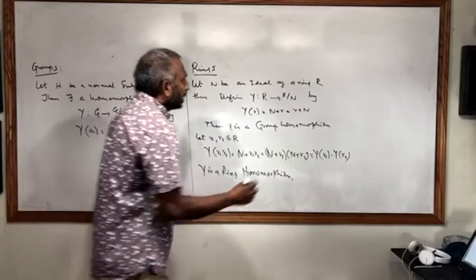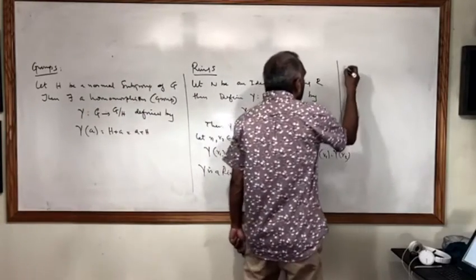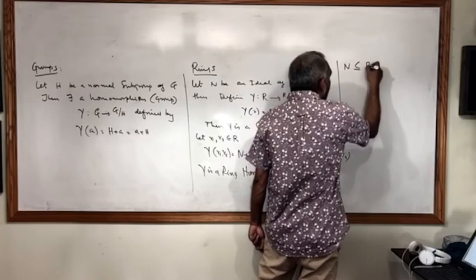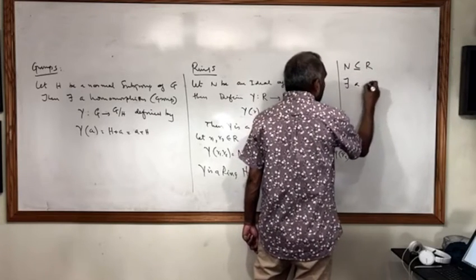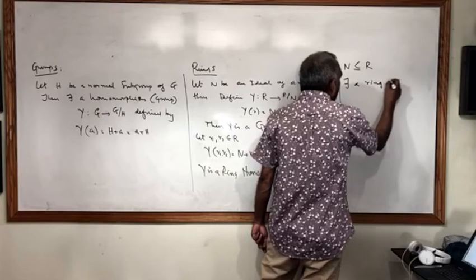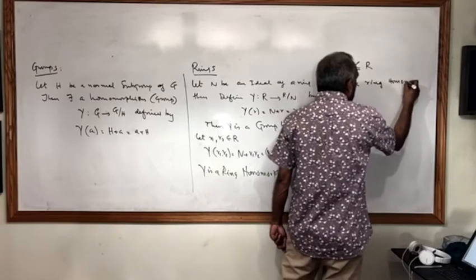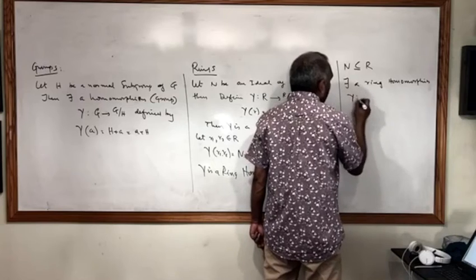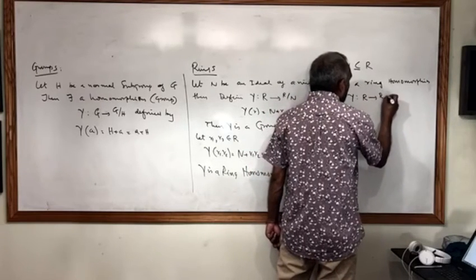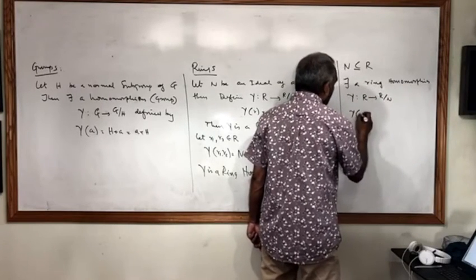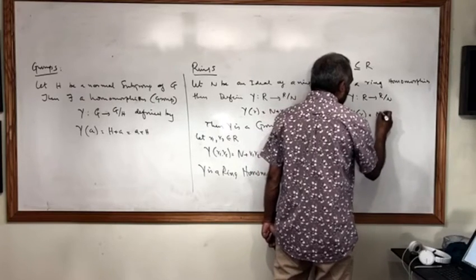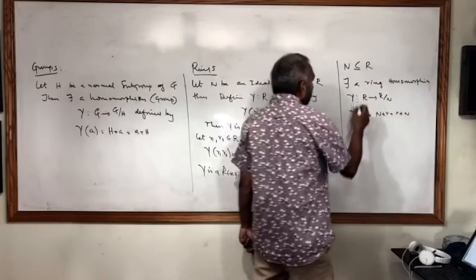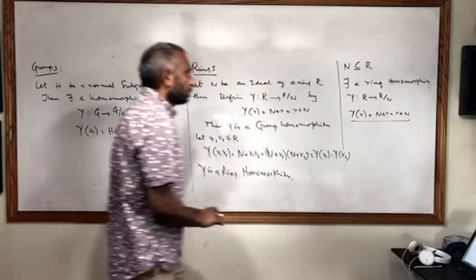So the result is, if N is an ideal of R, then there exists a ring homomorphism gamma from R to R by N, defined by gamma of r is equal to N plus r is equal to r plus N. This is a ring homomorphism.